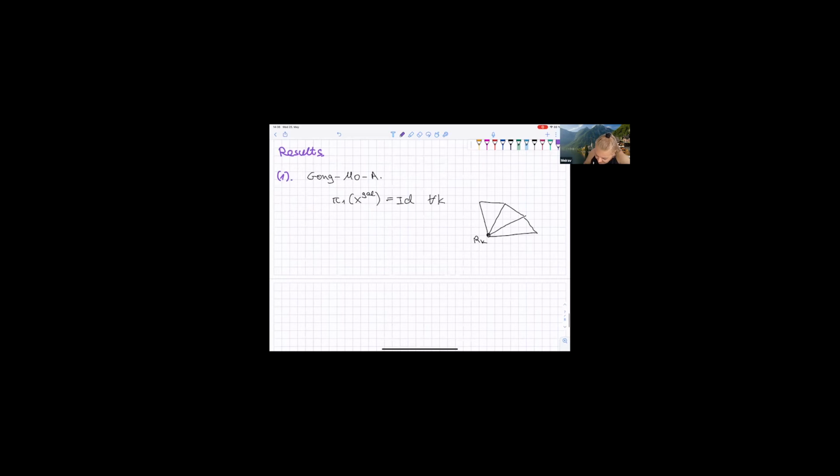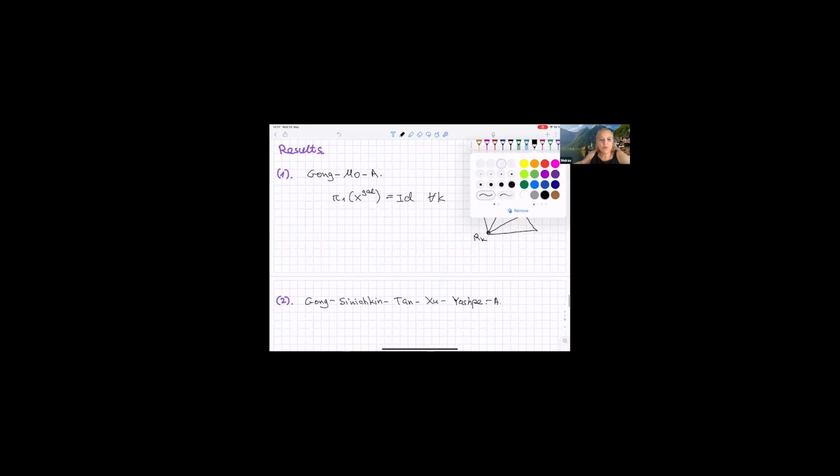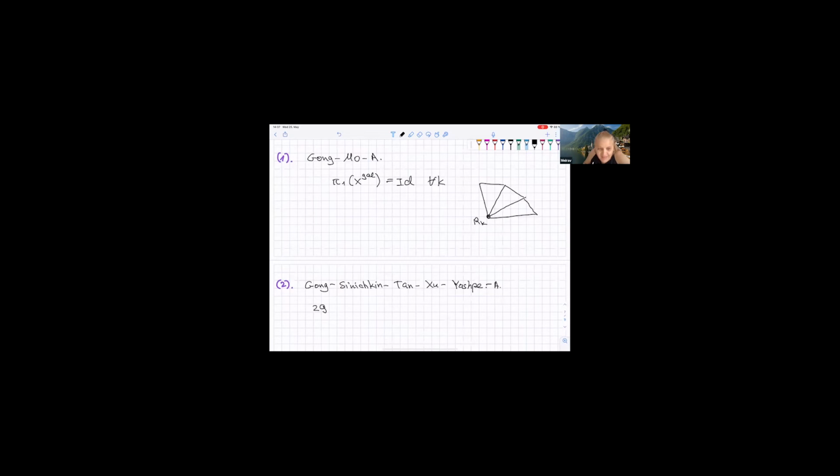There is another nice result, a joint work with Gong, Sinichkin, Tan, Xiu, and Yoshpe. We took all the 29 possible cases of the degenerations of degree 6. I speak only about the planar ones.